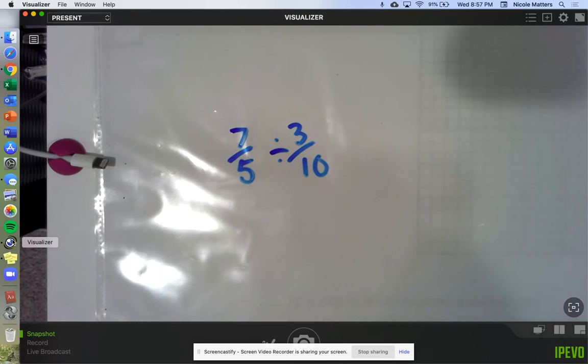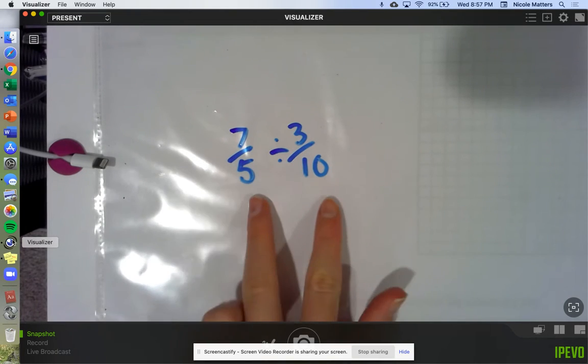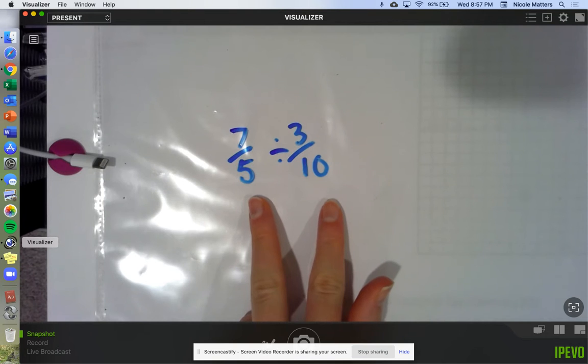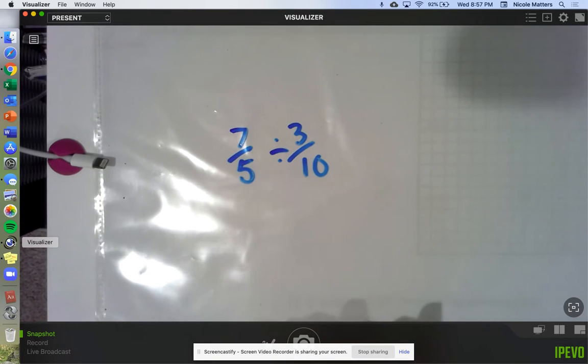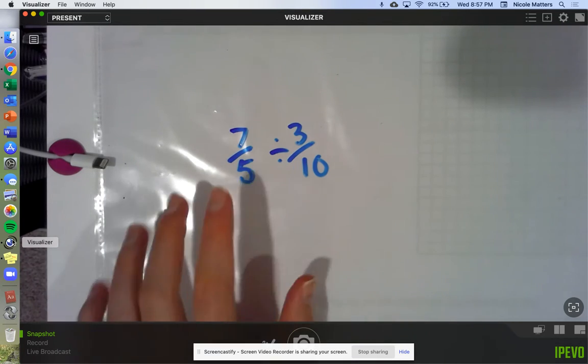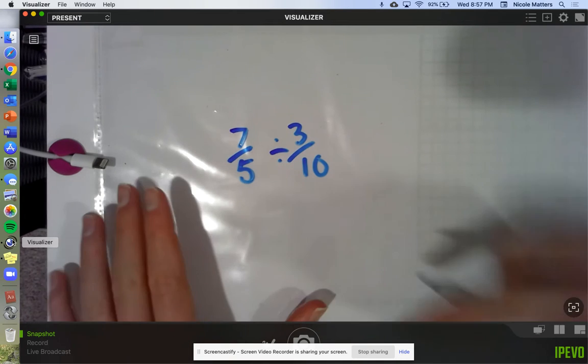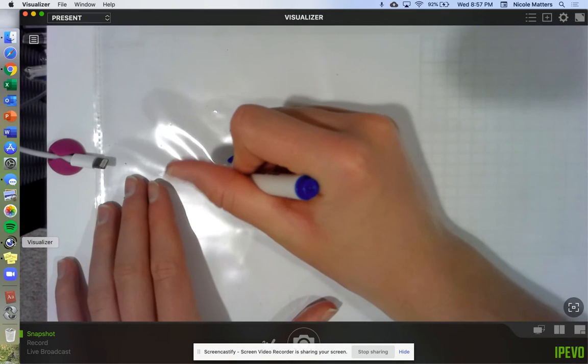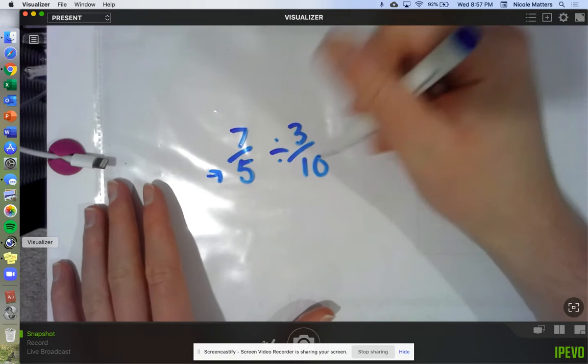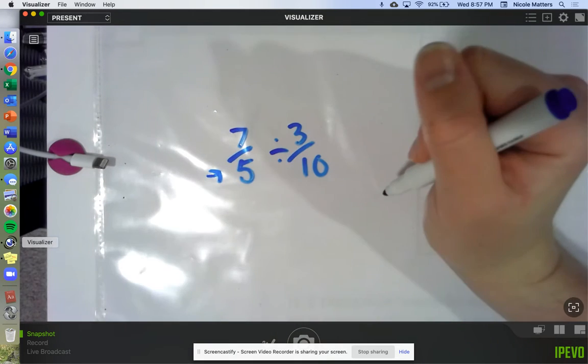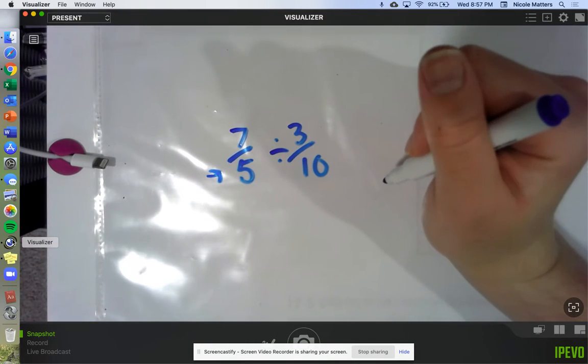Okay, so the first thing I notice is that my denominators are not the same. So I'm going to have to convert, and I'm going to practice the skill we worked on earlier in this lesson. I can see that my 5 is smaller than my 10, so I need to figure out what fraction I can multiply by to get that to equal 10.